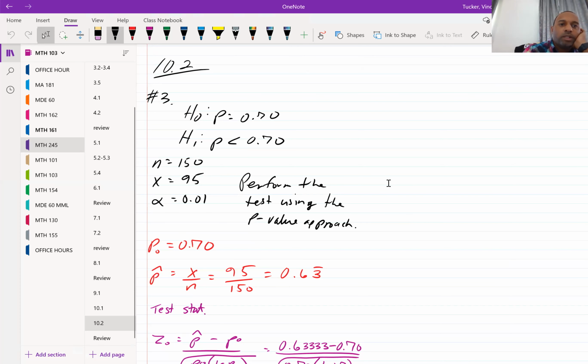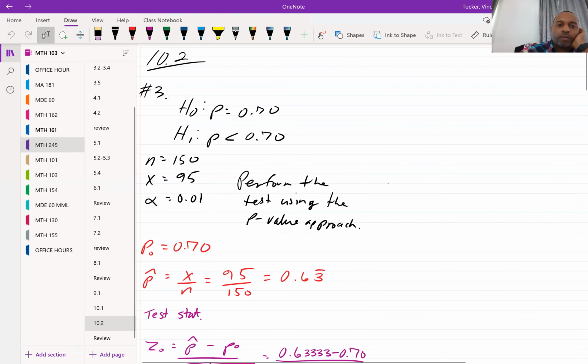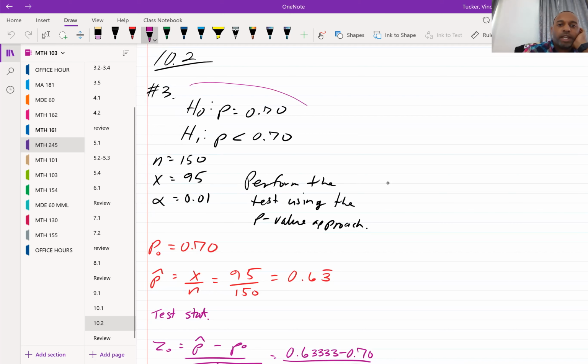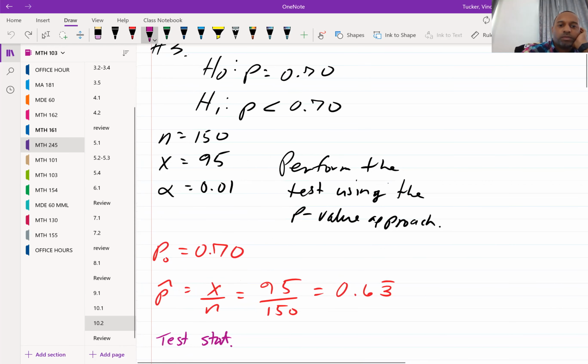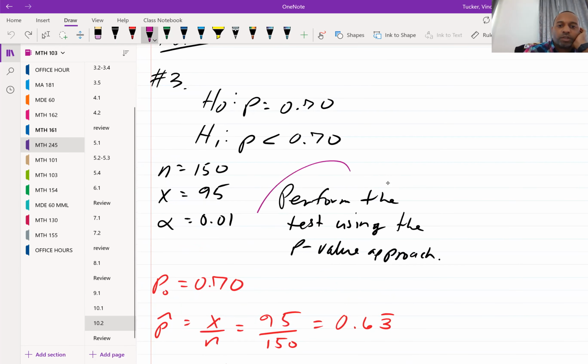All right, so this is my number 3 that I had before. Once again, they gave us this information and asked us to perform the test using the p-value approach.